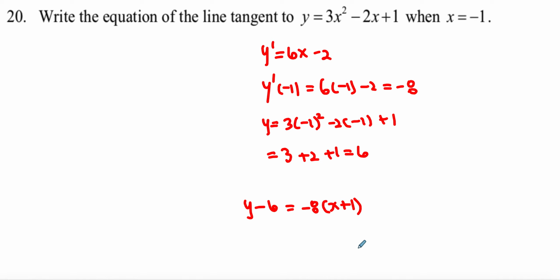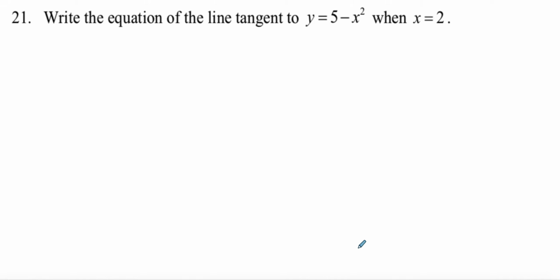Alright, now let's look at number 21. Same deal. So y prime is equal to negative 2x. So then y prime when x equals 2 becomes negative 2 times 2, which becomes negative 4. That's my slope.